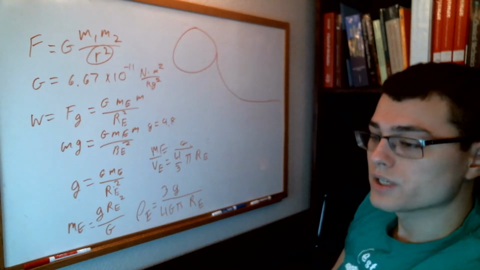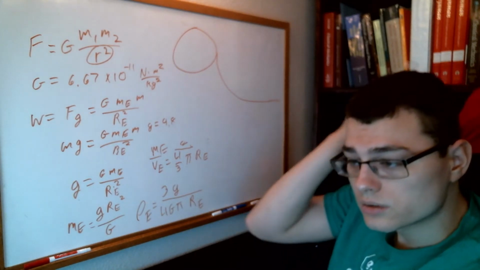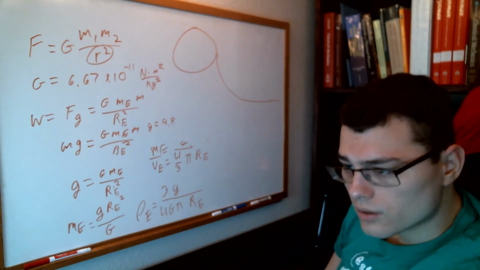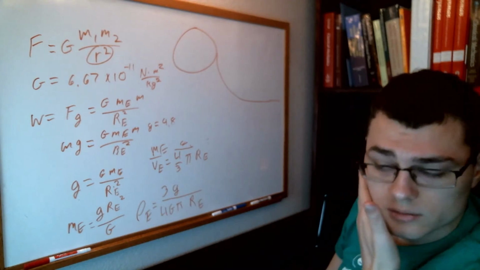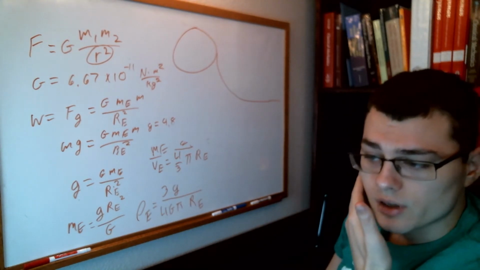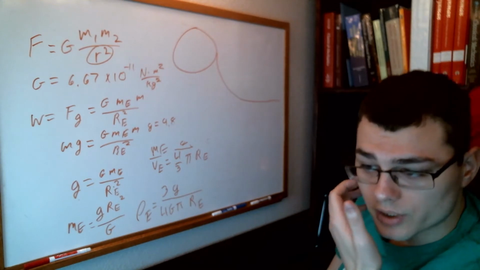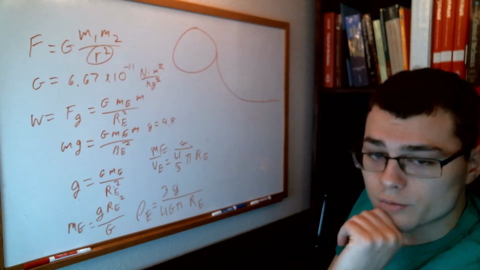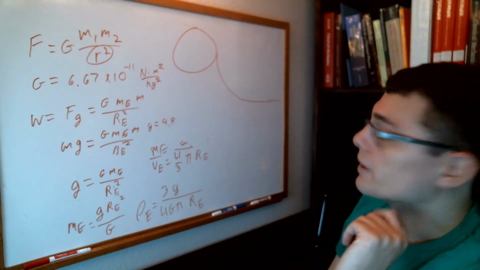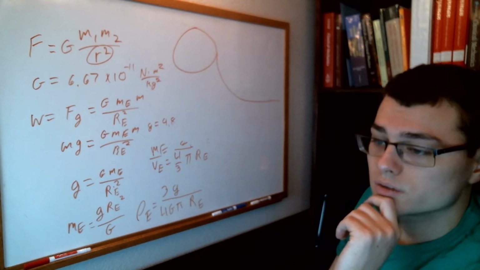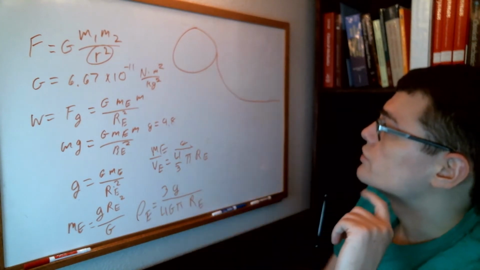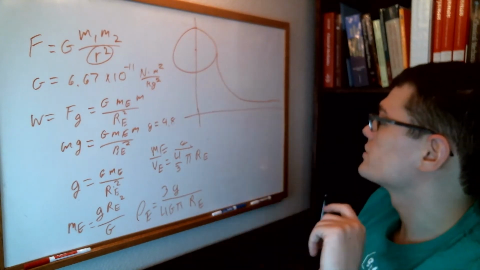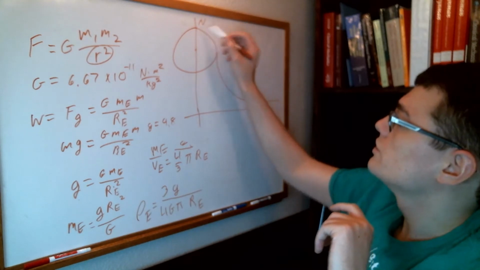And so eventually, as R goes out to about, let's say, 30 times 10 to the 6 meters, then we're going to start getting very, very, very small contributions or forces between these two bodies here. So this is about 0. So this is in newtons here.